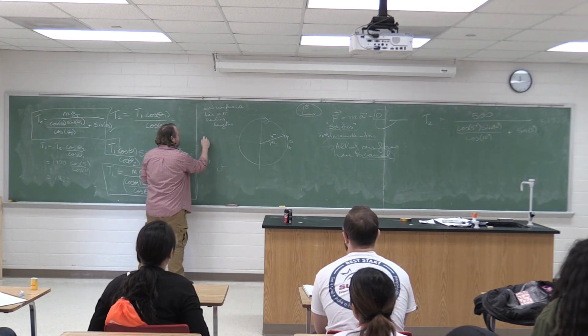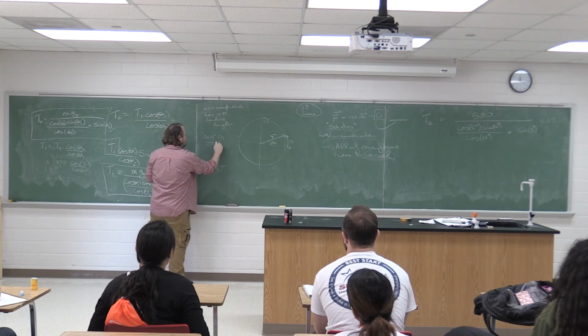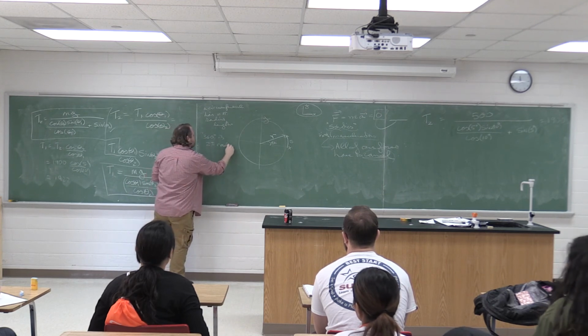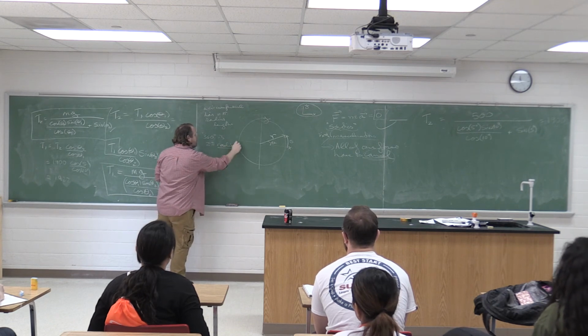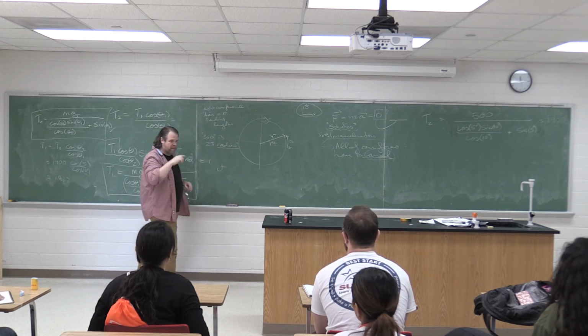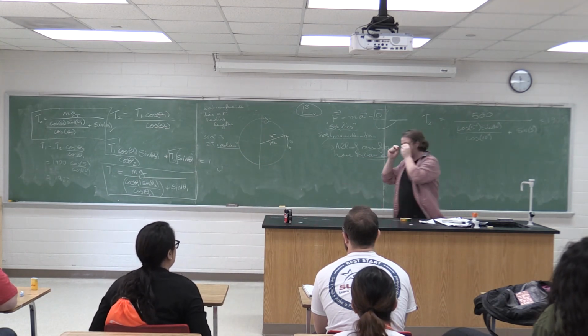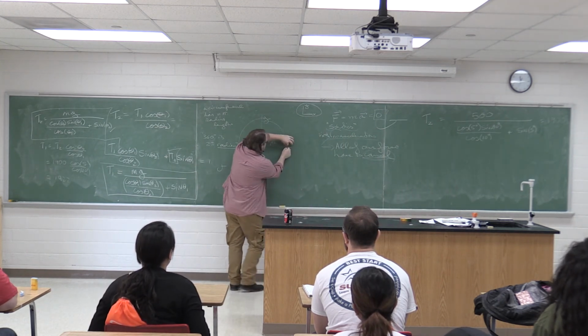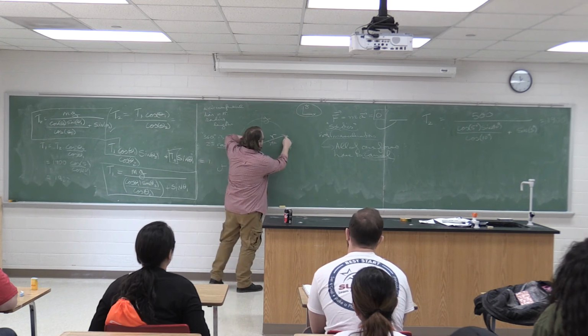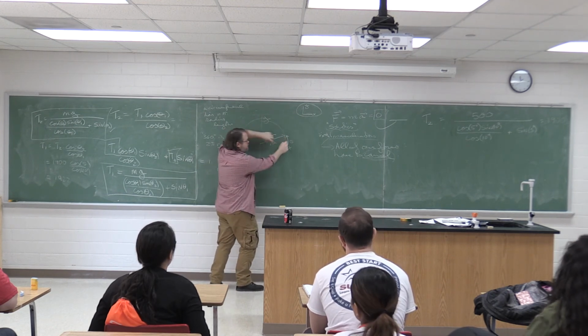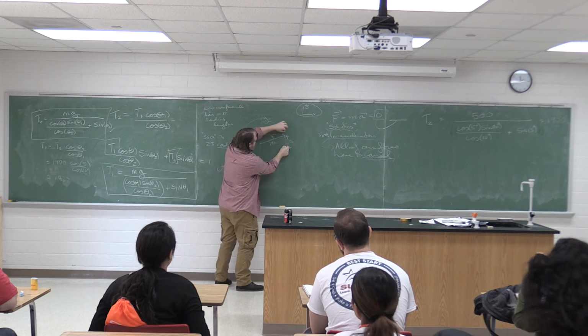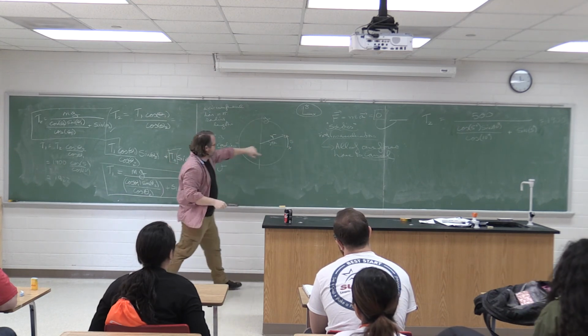We say 360 degrees is 2 pi radians. So the angle in radians is just how many radius lengths it takes to get around. The way that I've drawn it there, this is 1 radius length, right? How many radius lengths is that just by inspection with your eye?